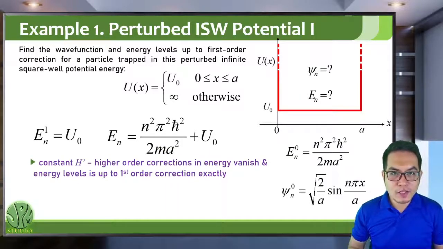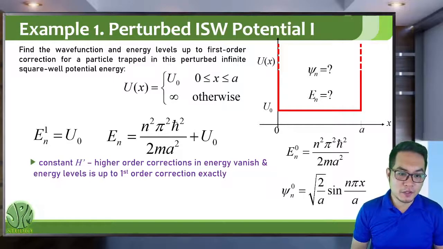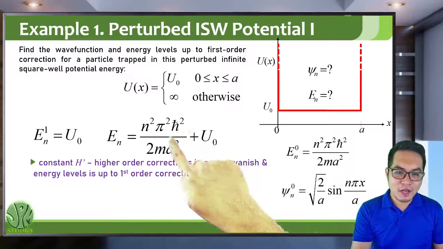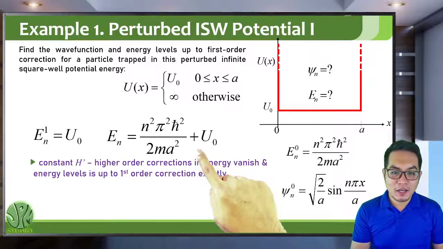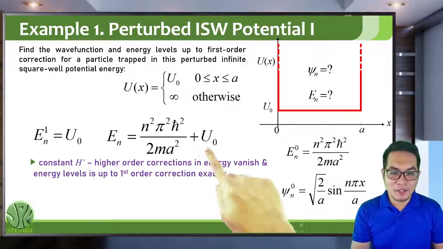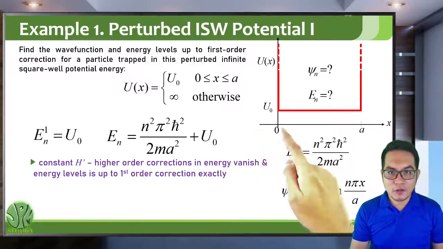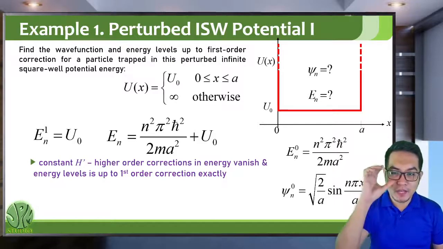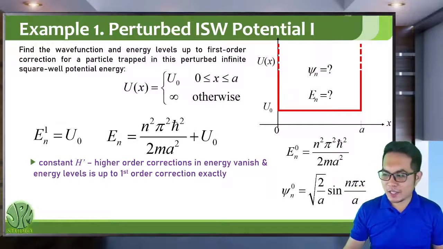If you have a constant perturbation, higher order corrections will actually vanish, and the energy level is exactly up to the first order correction. So in this case, this is now the final answer. The second order, the third order, the fourth order corrections are all zero. That only happens when the perturbation is a constant, such as in this case.